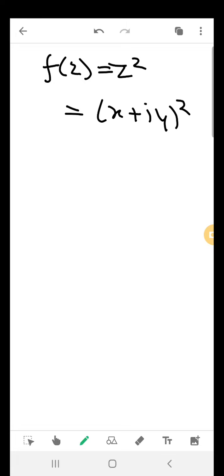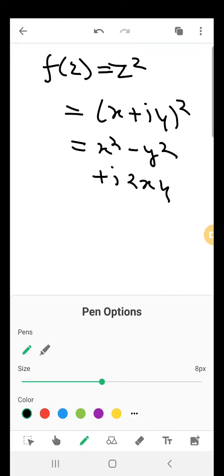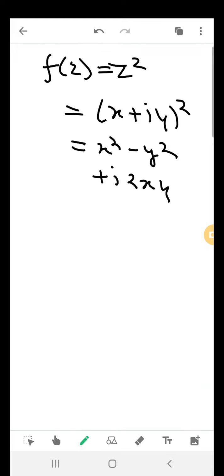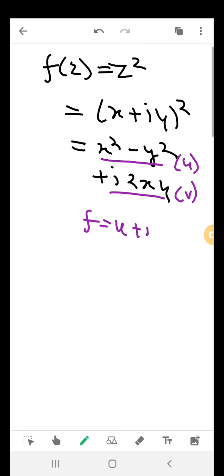X plus iy whole square becomes x square minus y square plus i 2xy. Now this is the real part and this is the imaginary part. So this we take as u and this we take as v, considering f is equal to u plus iv.